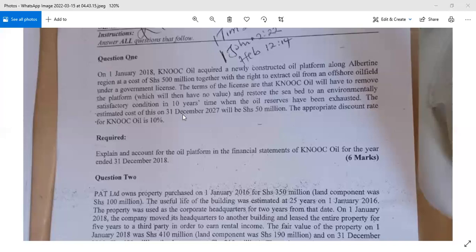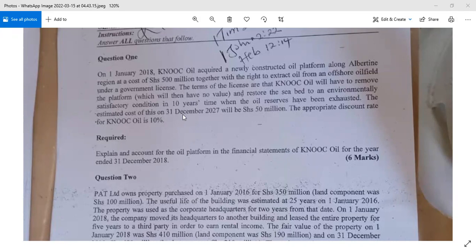So there's no way you're going to put a complete cost on that and say, I think I'm going to spend 20 million. No, you will say, I think in 10 years from now, that's when the oil will be done. We shall spend, I think, like 50 million in future. So because you're recording the books today, you're supposed to get the present value of that cost that you're estimating in future.